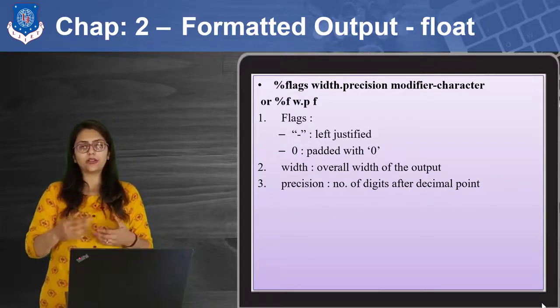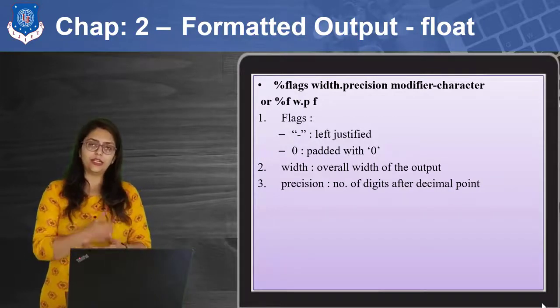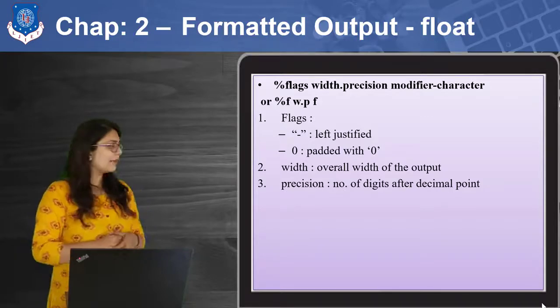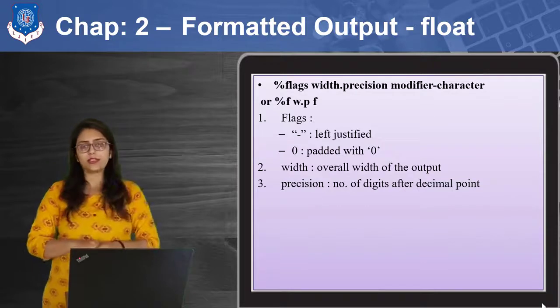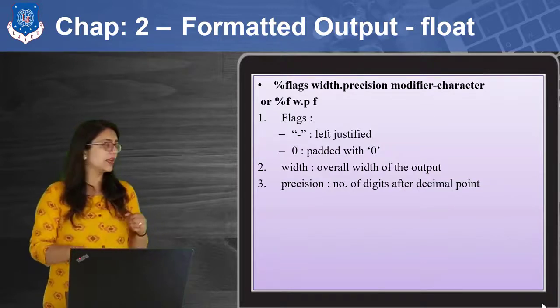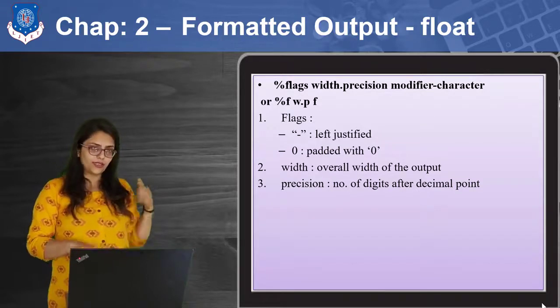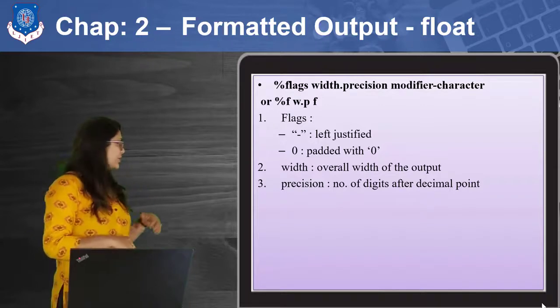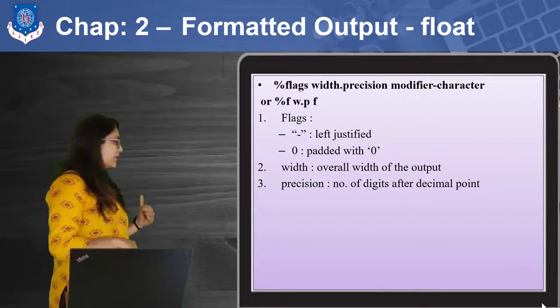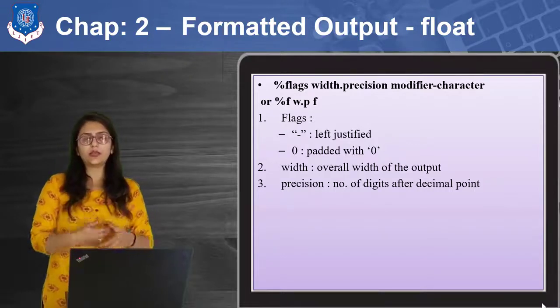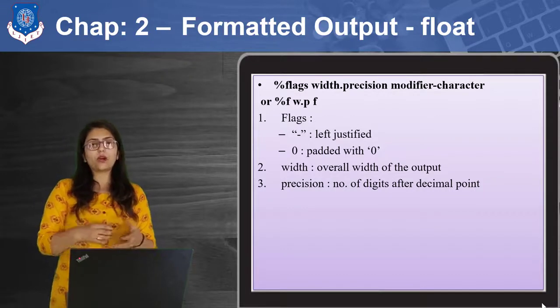And then after that the modifier character, which is similar to integers. Here I am not going to explain the flags, that is minus and zero, because they have a similar concept and aim as in integers. Minus sign is used to give left justified text, and 0 is used to pad the number with zeros. But what about the width?